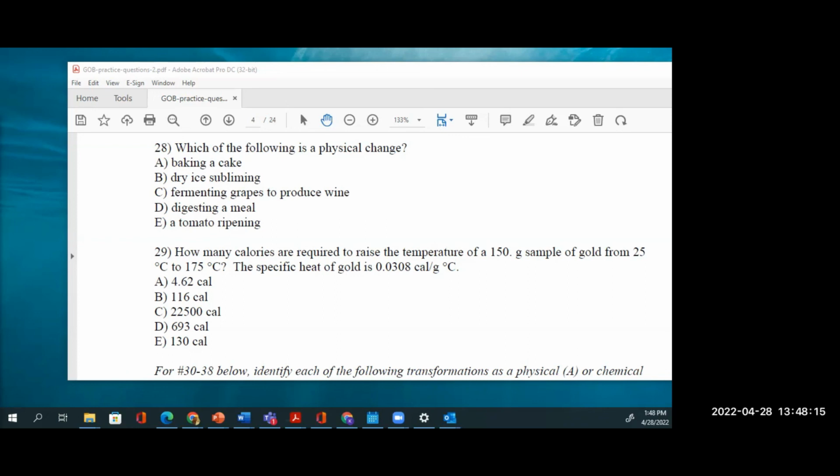And to give you guys a hint, anytime you have questions like this, look at the units. The units will tell you how to do it. The specific heat is calories per gram Celsius, and here you're raising the temperature from one temperature to another, so obviously we're going to be taking the difference of that temperature.